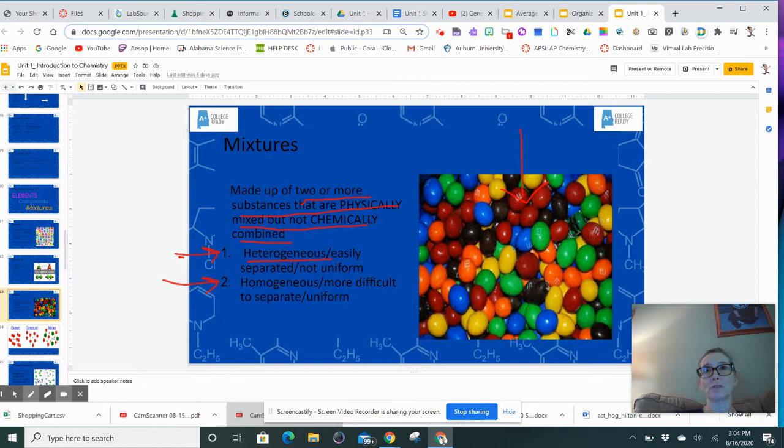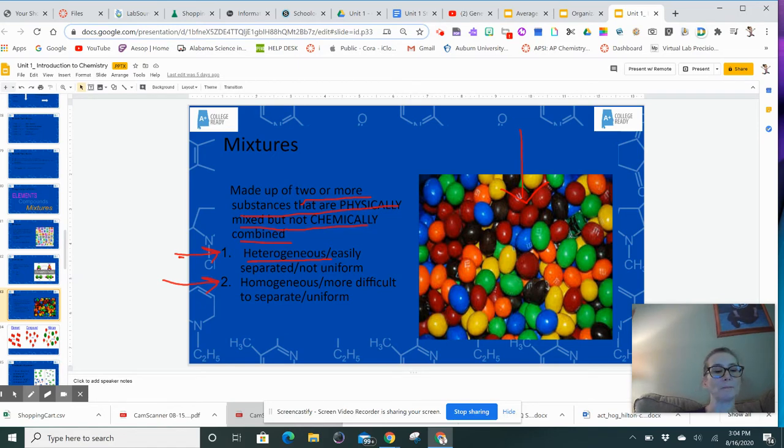And so it's very difficult to tell what part is the salt versus what part is the water. So it's hard to tell, but I can separate it out. So mixtures can be separated, because they're not chemically bonded together, they're just mixed physically.